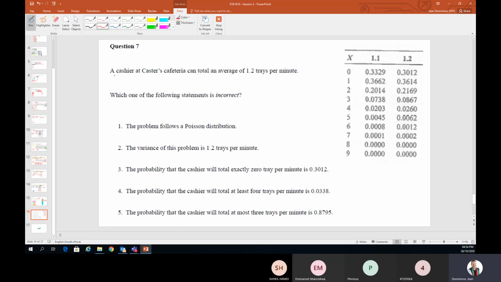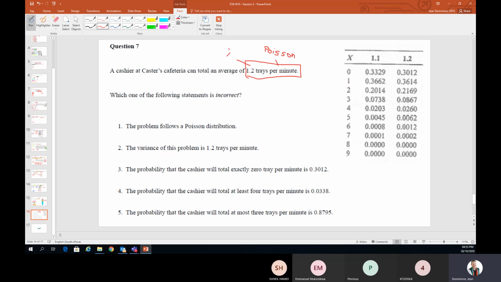So a cashier at Custer's cafeteria can total an average of 1.2 trays per minute. Okay, so they don't tell us it's Poisson, but because it is per time period, we know it is a Poisson distribution. I think that is the first thing that I want to show.